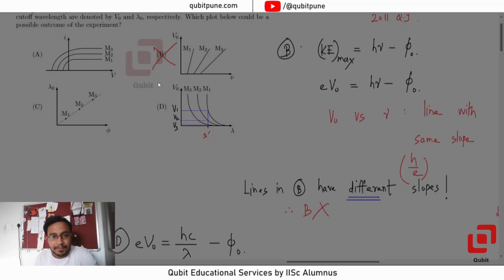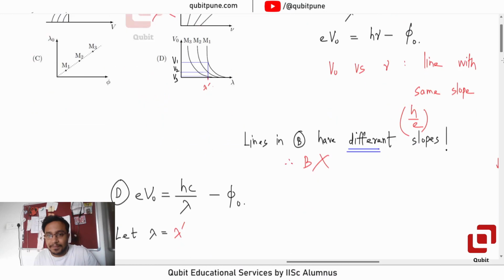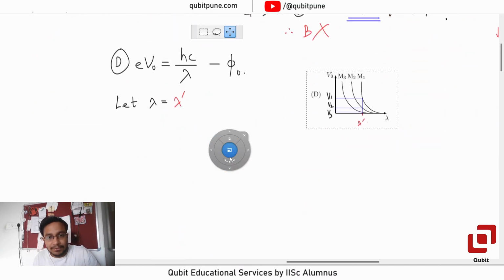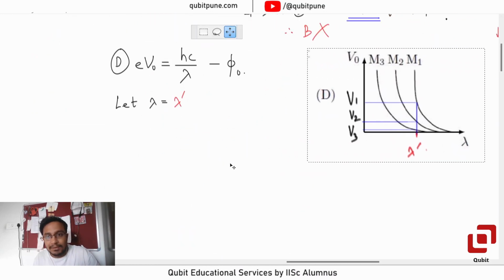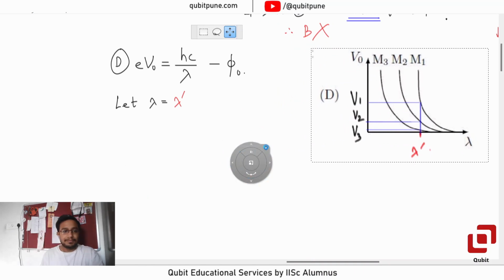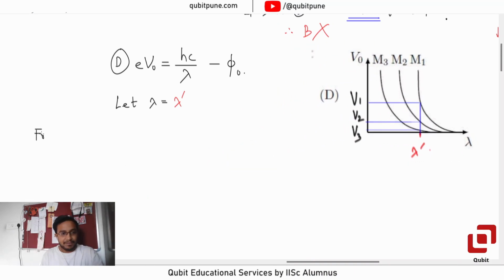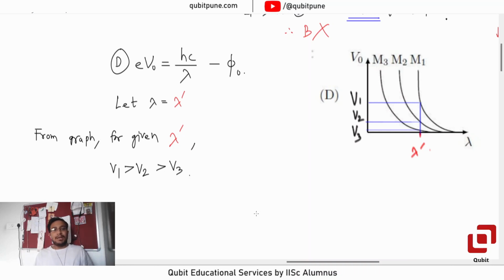Let's see. Basically we are considering the same wavelength. Now look, from the graph, for given lambda prime, V1 is greater than V2 is greater than V3.